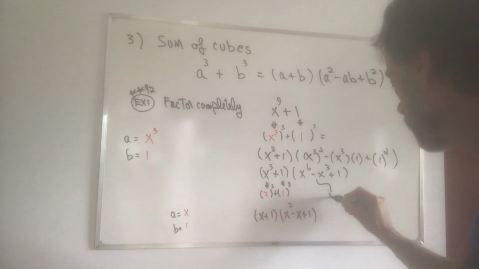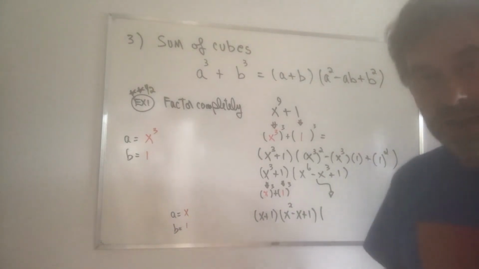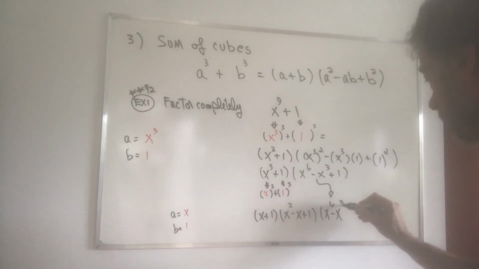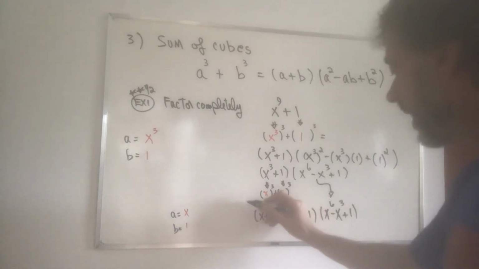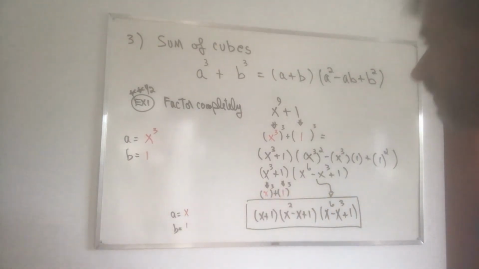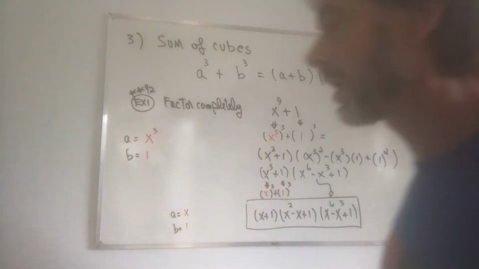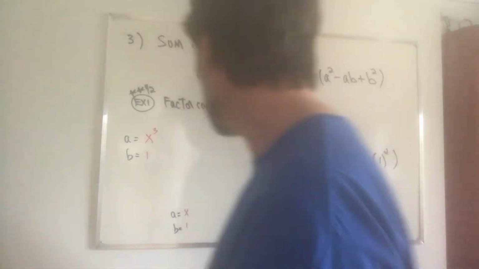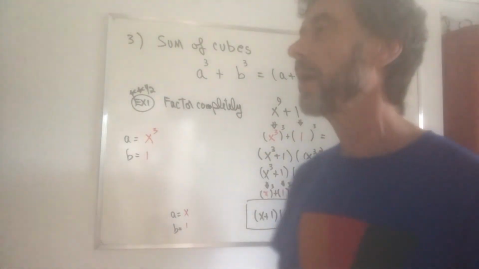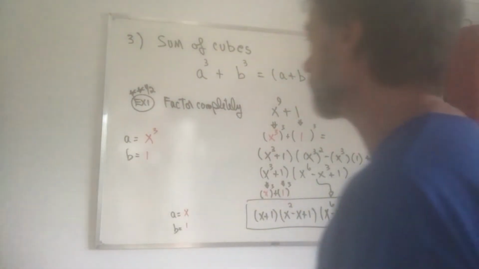Let's not forget that we also have this other guy here that is x to the 6 minus x cubed plus 1. And now this is complete. Good problem. Two sum of cubes within the same problem. So that maybe requires a little more than just 2.5, maybe 2 3/4.